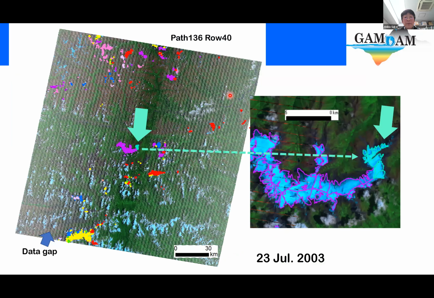The Landsat 7 images have data gap stripe lines after May 2003. So this image has a data gap, but in the middle of the image, there are clear images, so no gap. And I found clear glacier outlines here, so I could digitize these glaciers, the light green one.